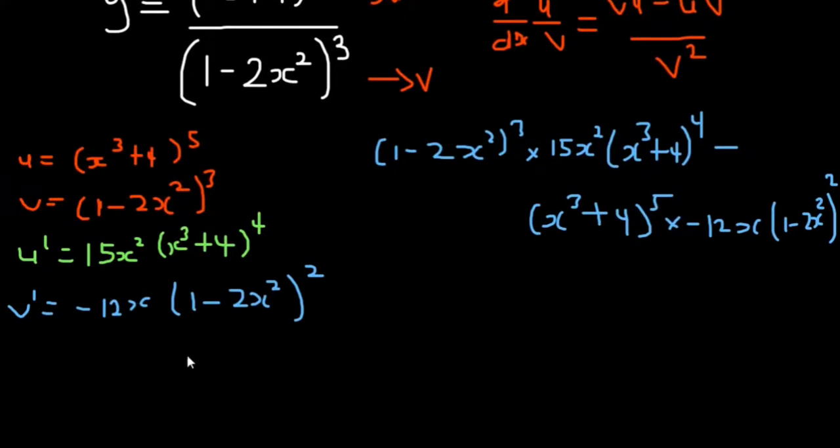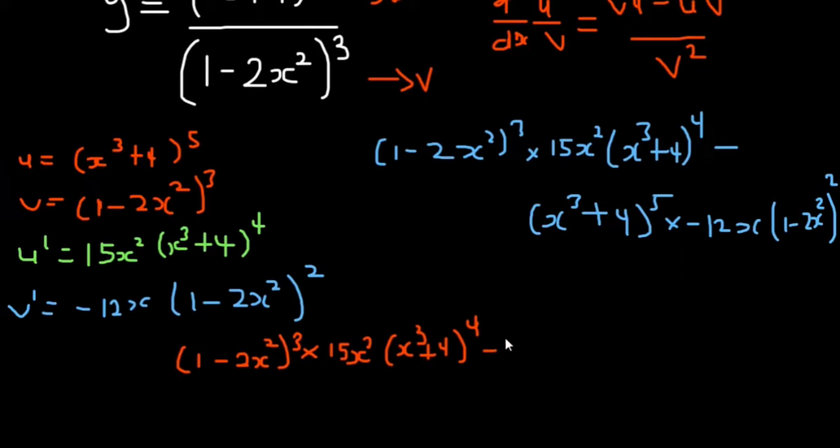So I have 1 minus 2x to the power 2, all to the power 3, times 15x squared into bracket x to the power 3 plus 4, all to the power 4.